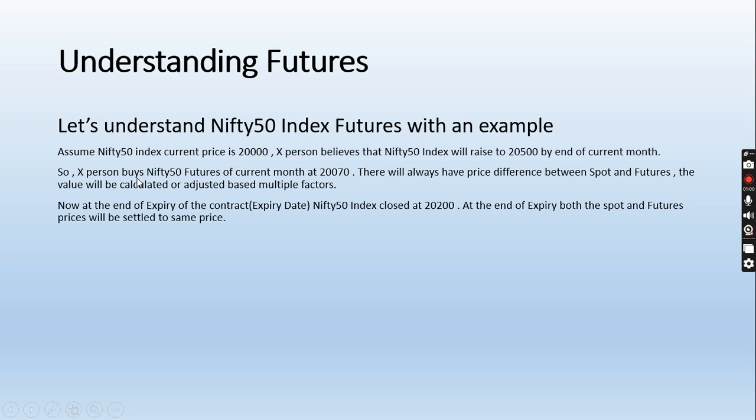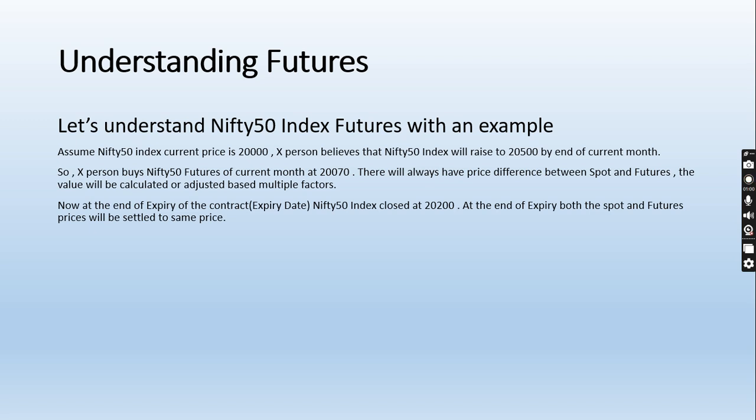Okay, the person bought Nifty futures at 20,070, and at the time of expiry of that contract, the spot price of Nifty 50 closed at 20,200. Every monthly contract has an expiry date.